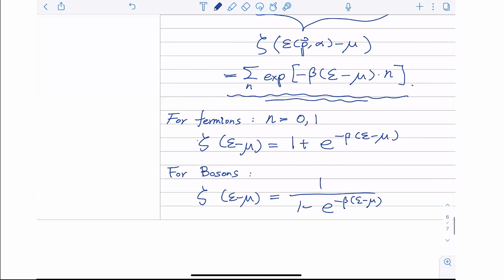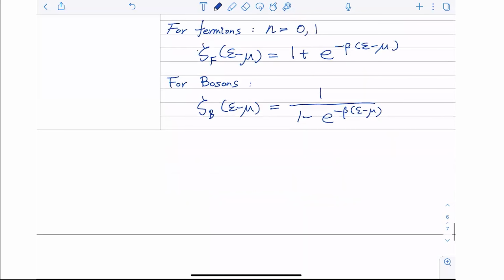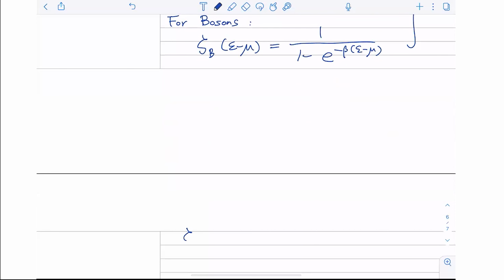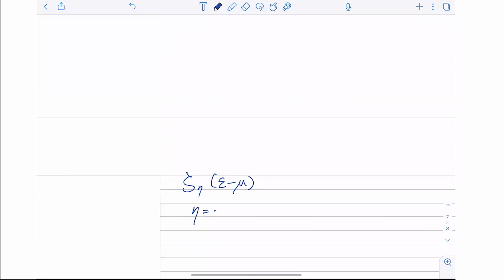So it will be quite convenient to just combine these two expressions into one expression, that is, we can use this thing as eta, and eta equals +1 for boson, -1 for fermion.